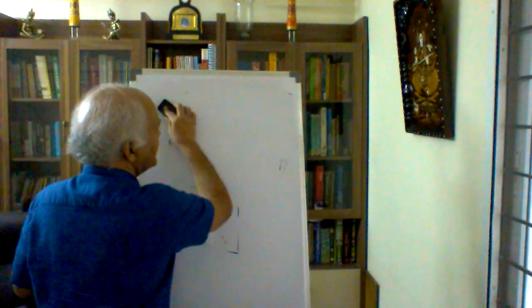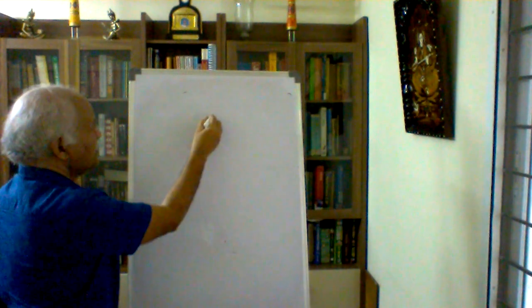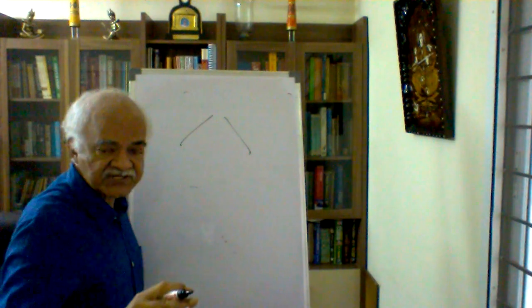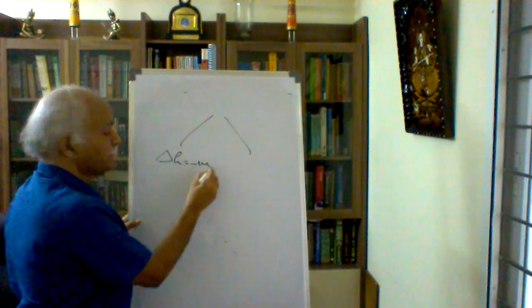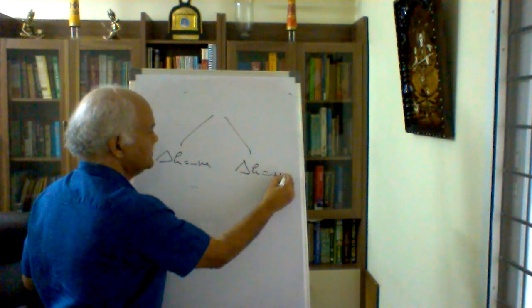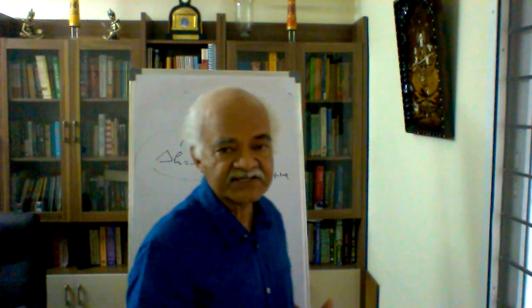I am having my electrochemistry divided into two parts. What are these two parts? All those redox reactions where delta G is negative, and all those reactions where delta G is positive. We have right now considered only those reactions where delta G is negative.